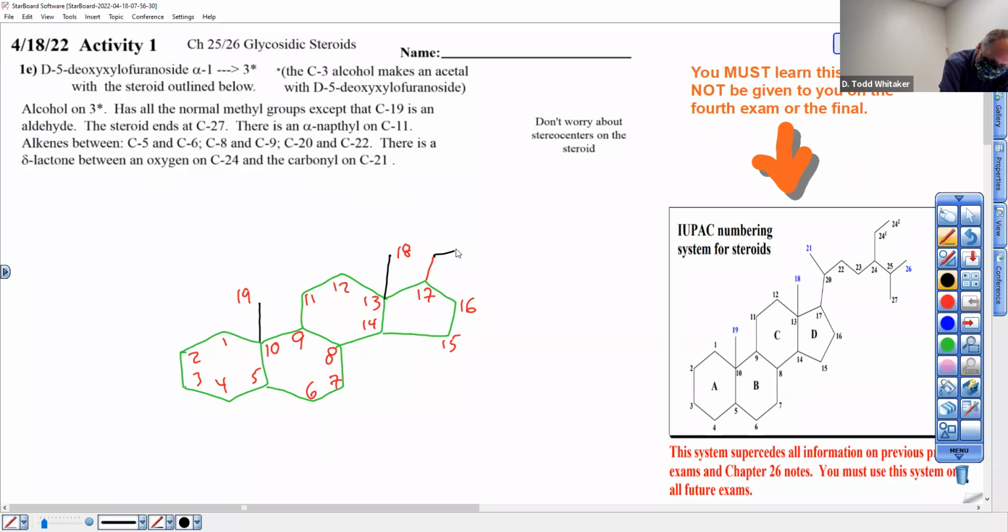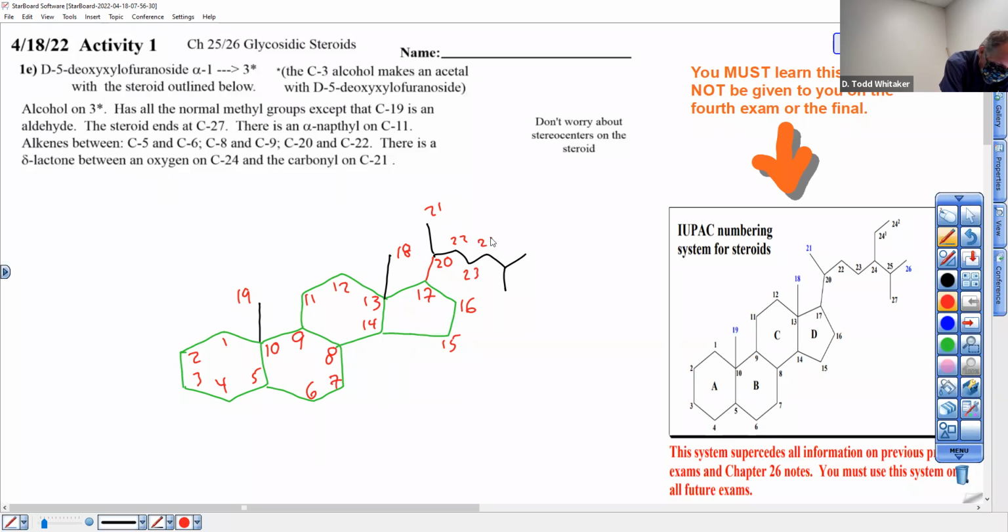1, 2, 3, 4, 5, 6, and 7. And I'll just put the numbers down. And I know I'm missing a methyl still. 20. And the methyl off of 20 is 21. And I hope you're recalling as we go that a lot of this is very terpene based, isn't it?